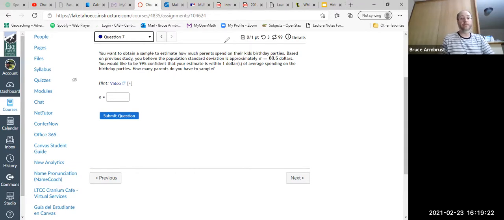Okay, so is this proportions or means? And this one's a little bit tougher because it doesn't just say you're testing population mean or testing population proportion, right? But what are we doing in here? Is this a means or proportions question?